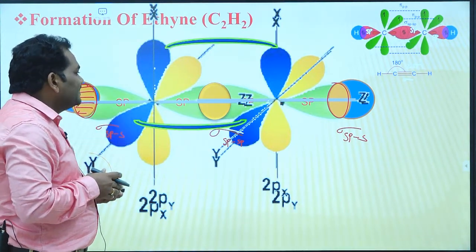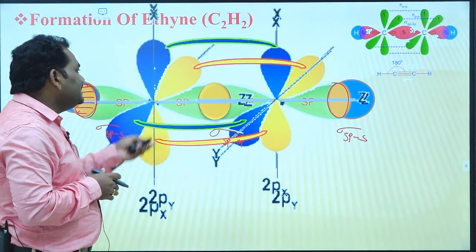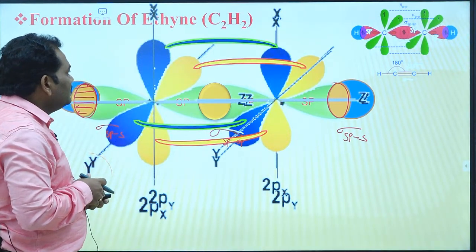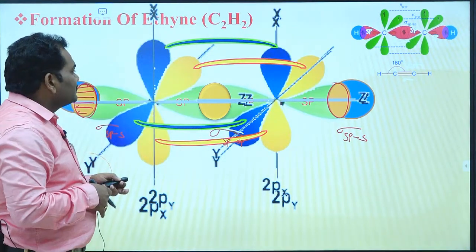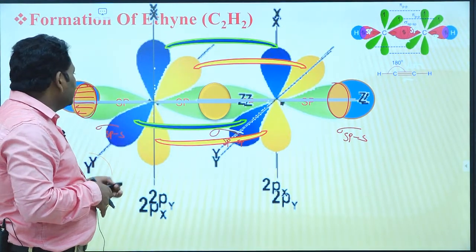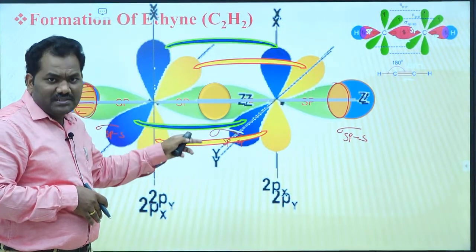Here one pi bond is like this and another pi bond is like that. Okay, so like this hybridization takes place. This is about the formation of acetylene.